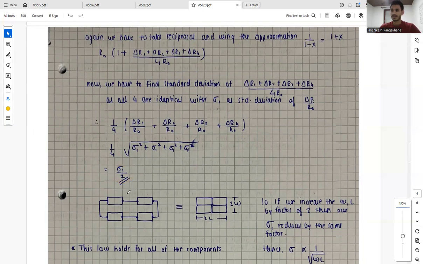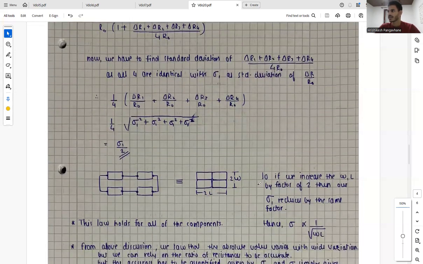So what is the outcome of this analysis we did as of now? We have four resistors connected in this way, and it is nothing but those four resistors connected together in this way, in which we are increasing the width and length by the same factor.